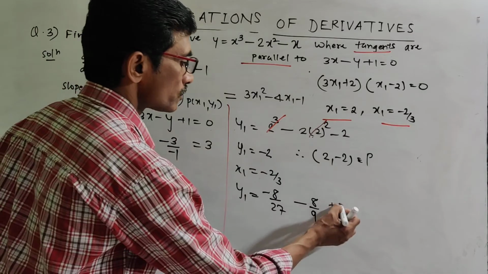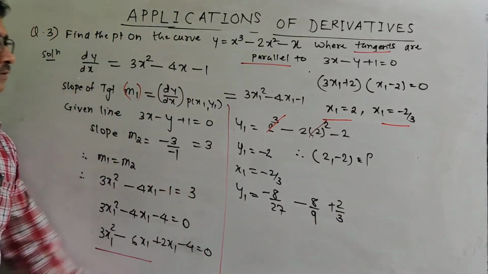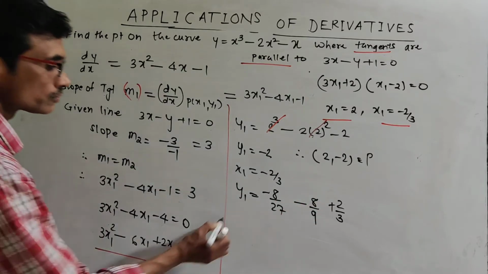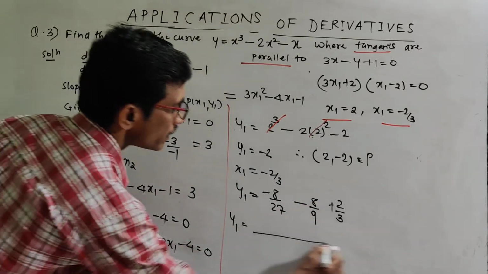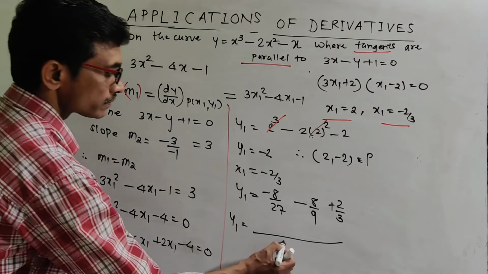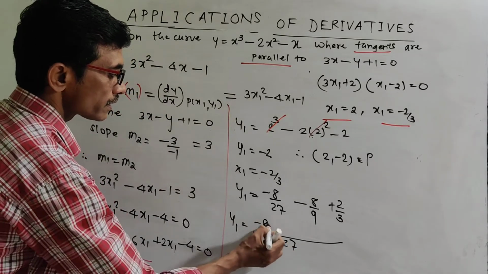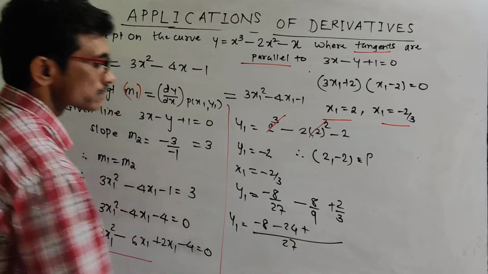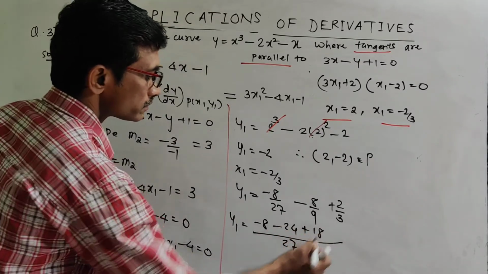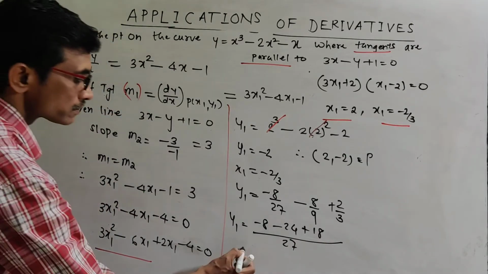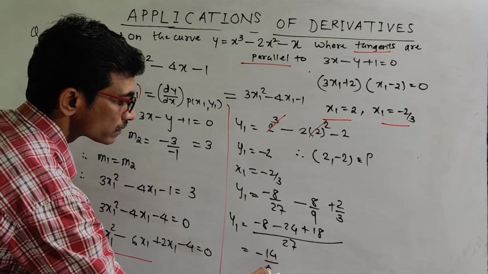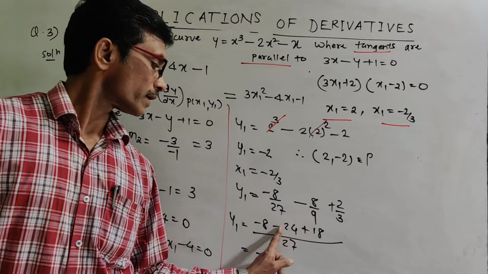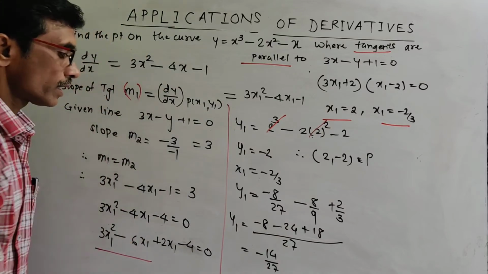Minus of minus will be 2 by 3, minus of x, that is minus of minus 2 by 3. So y1 you are getting, LCM is 27. Here is minus 8. This is what? 24 and plus 18. So that it is minus 14 upon 27.